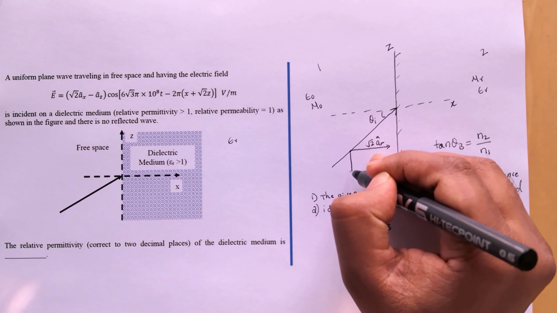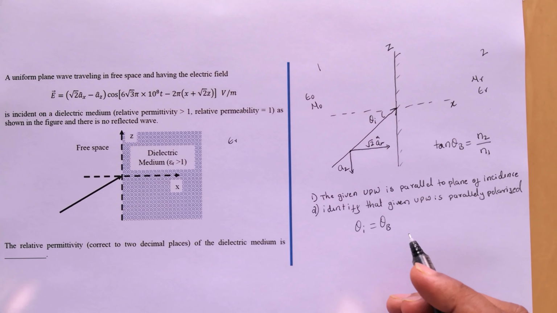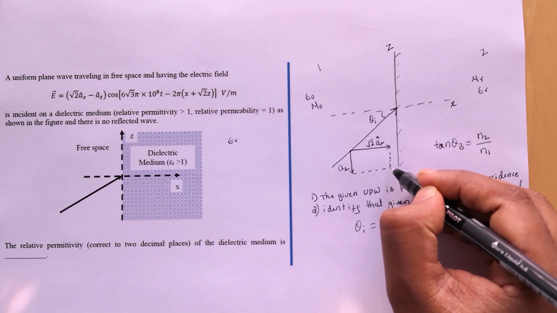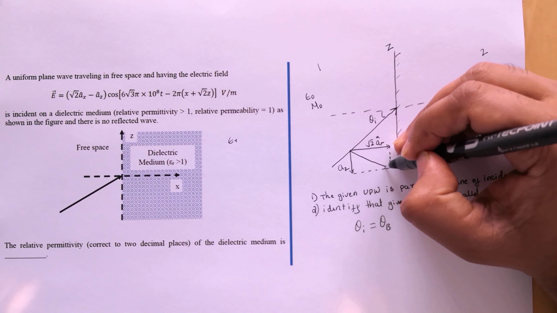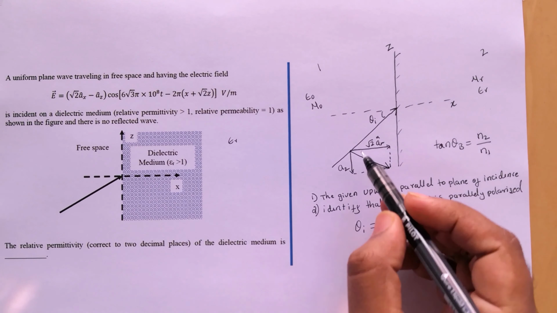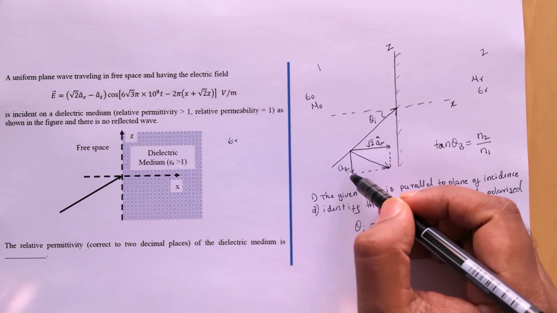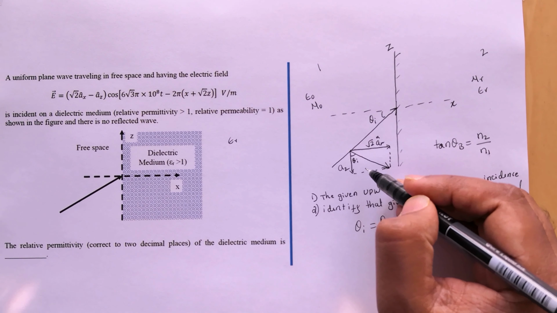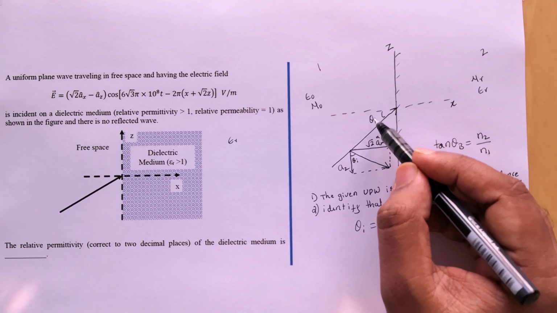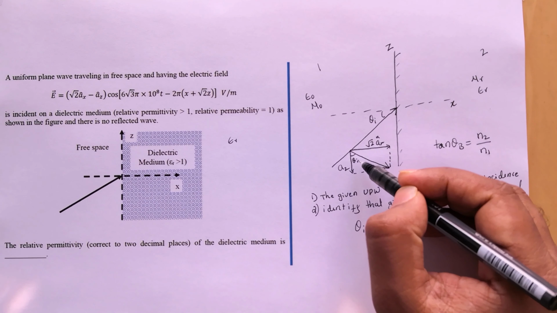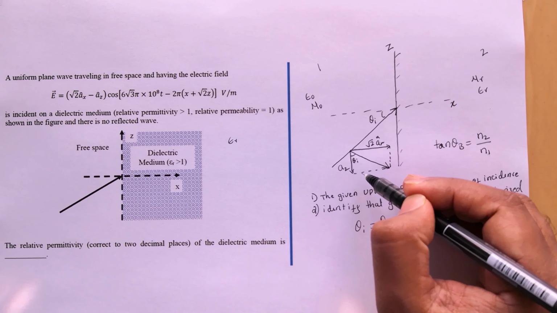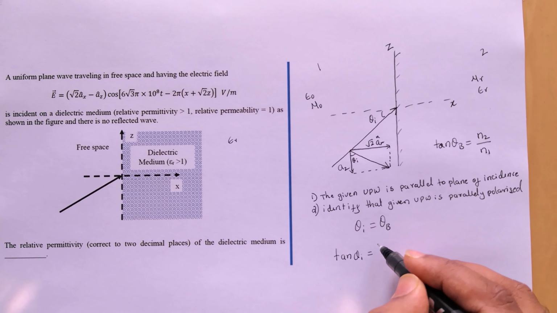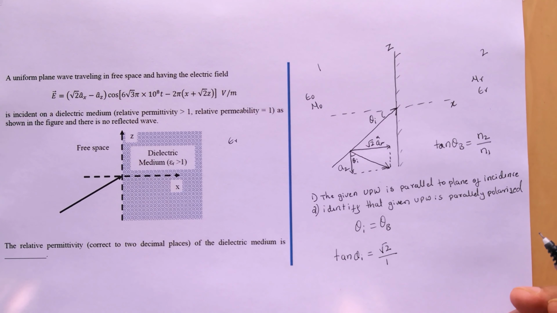So the electric field is like this, with the components root 2 ax and minus az, and this is also theta I, the incident angle here. So what we can do is write the tangent of this angle: tan of theta I is equal to root 2 upon 1.